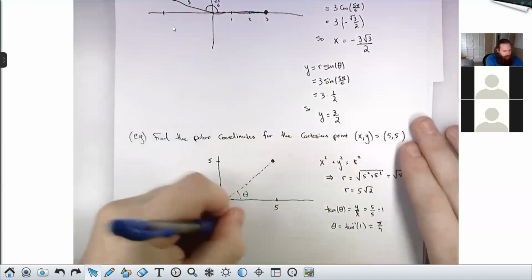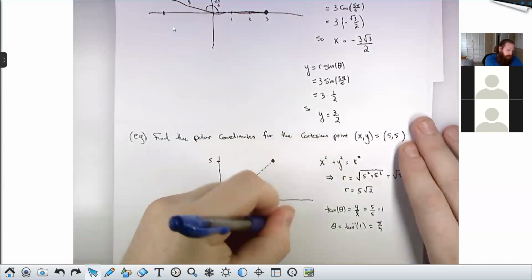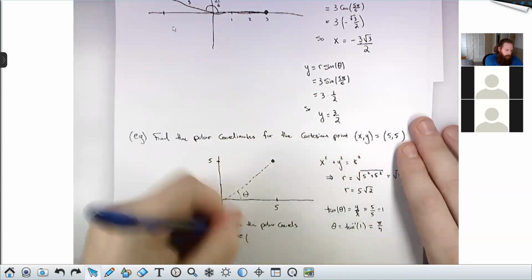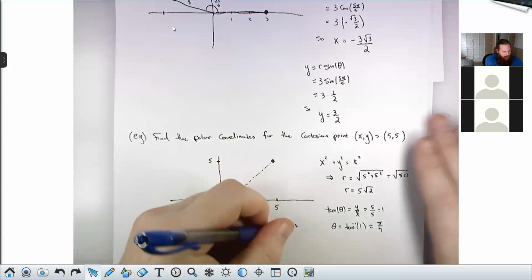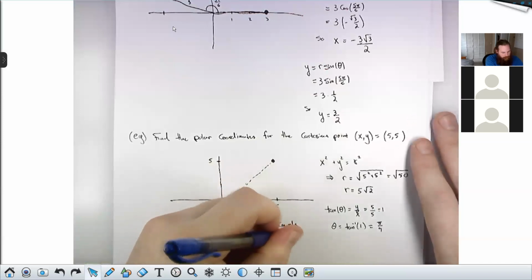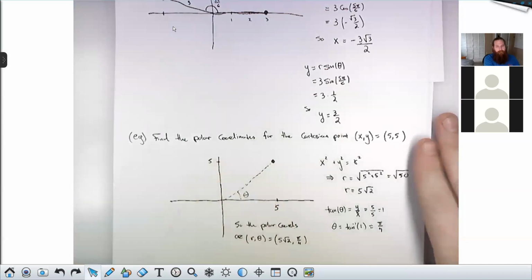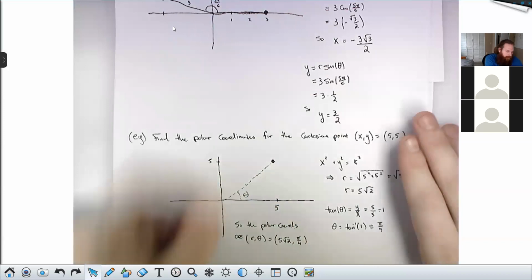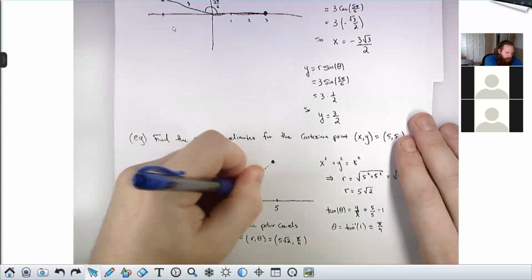So the polar coordinates are r comma theta equals 5 root 2 comma pi over 4. In other words, this distance is 5 root 2, and this angle is pi over 4.